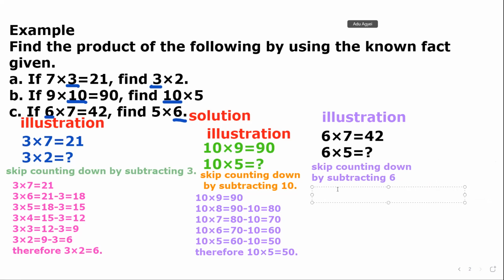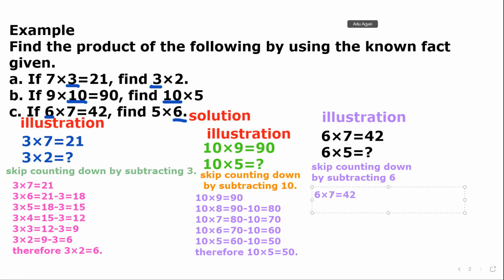Now we start with the multiplier, okay? Then when you start with the multiplier, make sure that you write all. Now let's see something here. That is the 6 times 7, which is the known fact, equal to 42.